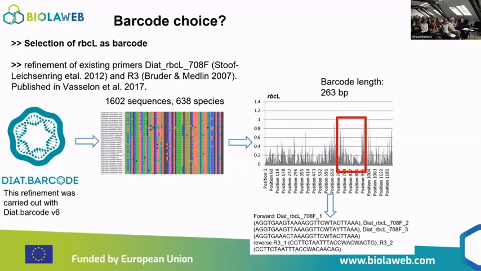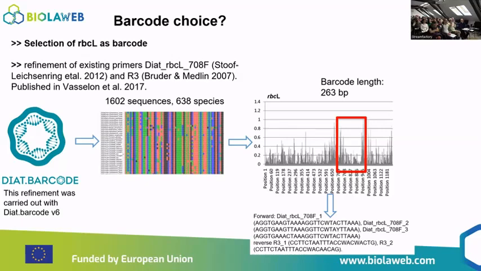Something also about why we tried to develop these 3 different forward and 2 reverse primers. First we had more degenerescence in the primers, but then we saw that they were too much degenerated, and it made us amplify. It was not specific enough, and we were also losing some diatoms. So that was for the aim of specificity and universality.